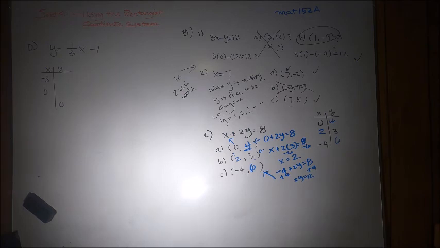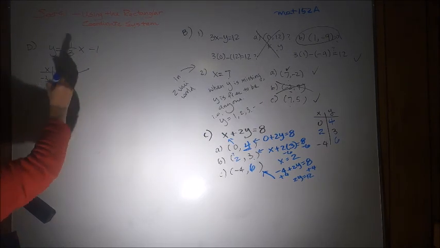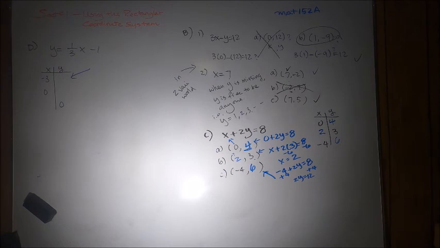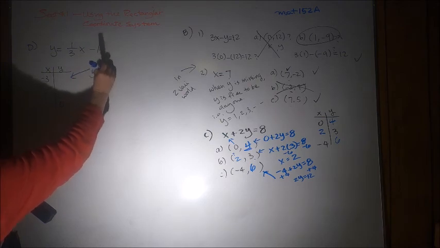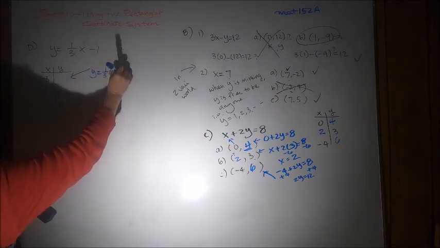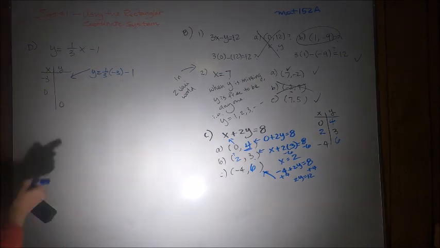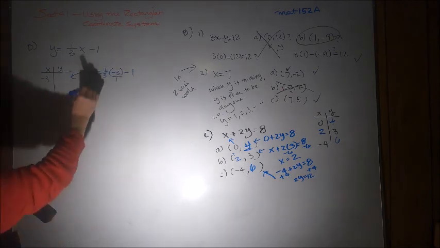Even for an equation with what? Fractions. So let's see. What do we have here? So that one is what? X is negative 3. So find your y. So y is what? 1/3 times negative 3 minus 1. Then you put a 1 underneath.